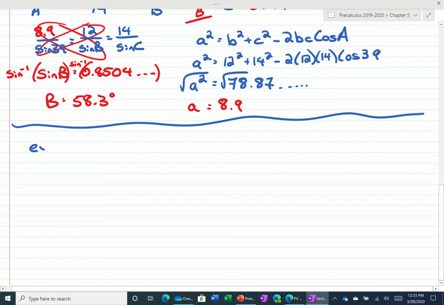What if I told you that side A was 19, side B is 24.3, and side C is 21.8?